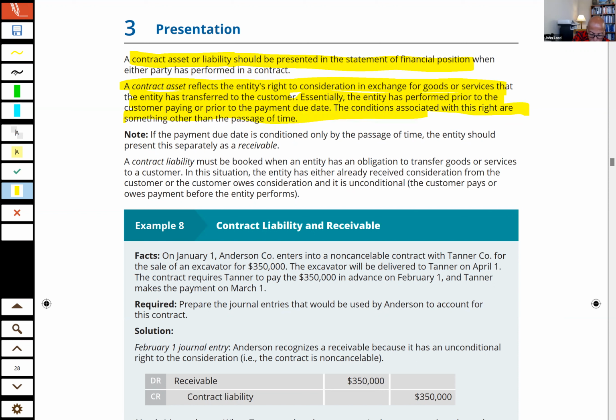Okay, so let's just look at that. And I want you to put in here example number 9. And I guess that's next page.